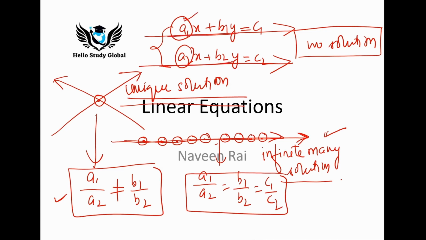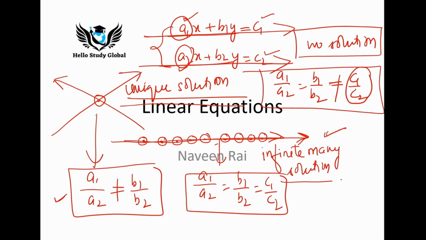That means A1 by A2 would be equal to B1 by B2 since their slopes would be the same, but it would not be equal to C1 by C2. C1 by C2 is basically roughly the intercept part, and the intercept would be different. They would be spatially arranged on a different space, just that they will be parallel to each other. So in case of no solution, A1 by A2 would be equal to B1 by B2 but would not be equal to C1 by C2.